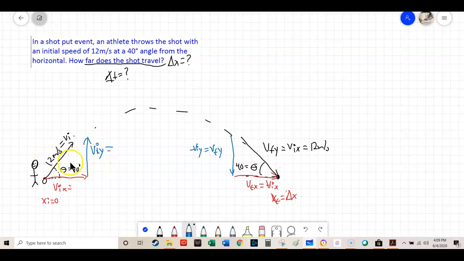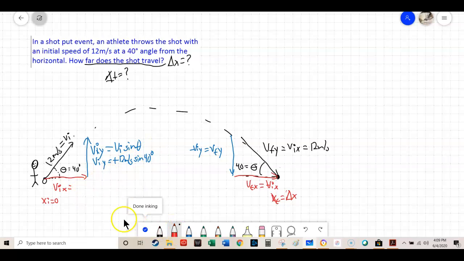That is going to be, so this vector is opposite theta, and when I hear opposite, I think sine, so that'll be the initial velocity times sine of theta. So that initial velocity in the y direction is going to be up at 12 meters per second sine of 40 degrees.